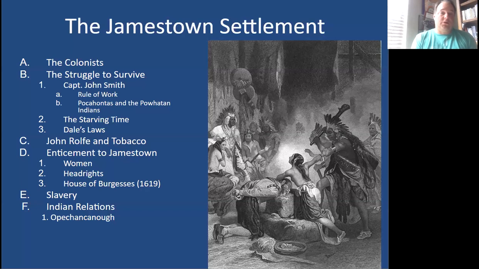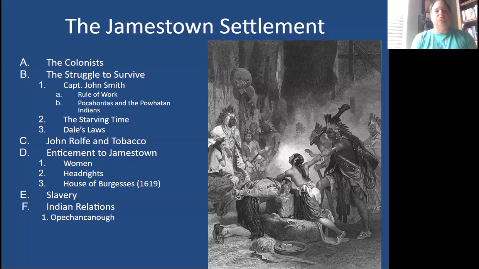You're the owner. Now, that was enticing to a lot of English people because there was no new land in England that hadn't been settled or claimed. But here was a way for someone to become a landowner. If you come to Jamestown and you can pay your own way to get there, you're automatically a landowner.